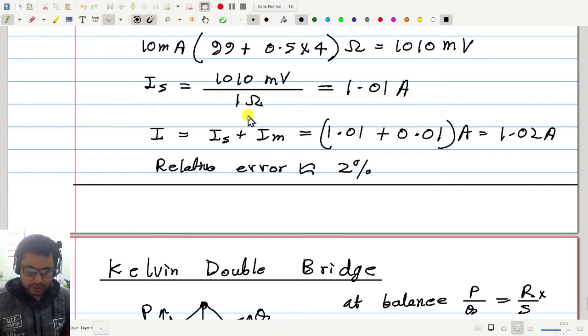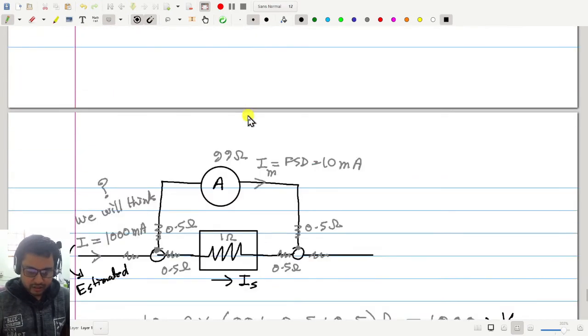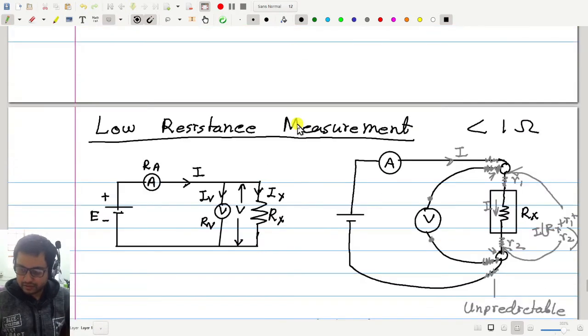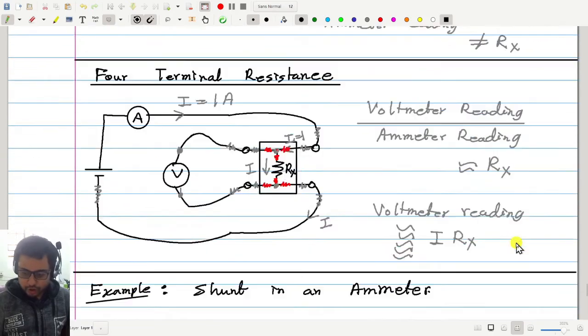The problem occurs in low value resistance, but for medium value resistance, these junction resistances are not problematic.